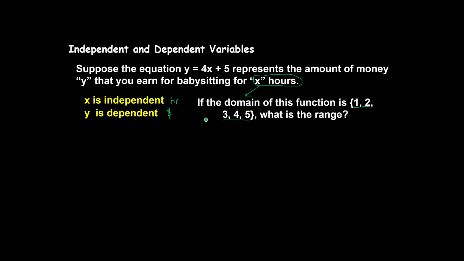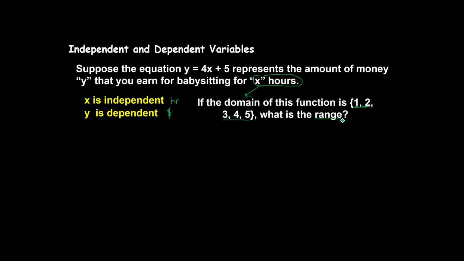That means I will either work 1 hour, 2 hours, 3 hours, 4 hours, or 5 hours. 0 hours is not an option that's given to me because it's not in the domain. 4.5 hours is not an option because it's not in the domain. 8 hours is not an option because it's not in the domain. What we're told is if these are our only choices for the domain, for x, for hours, for our independent variable, they want us to find the range.